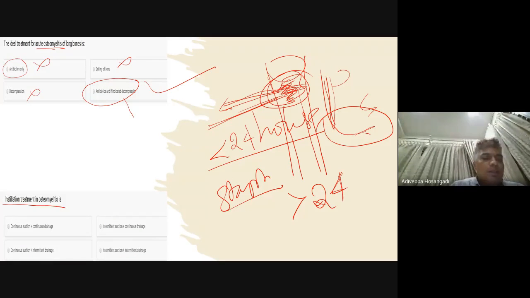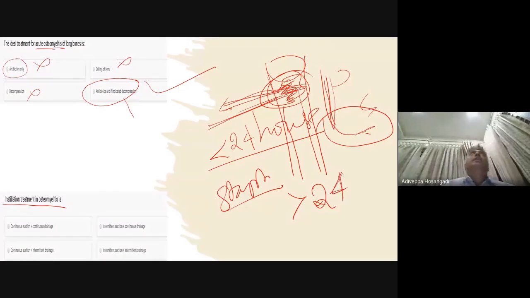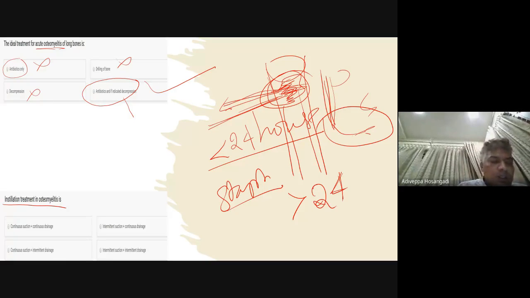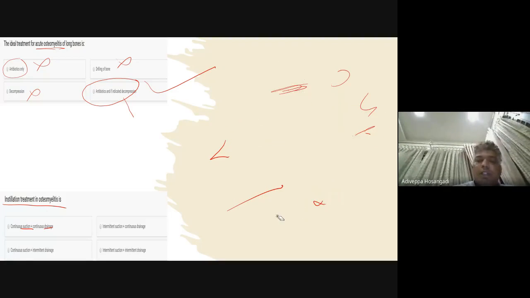Okay, instillation treatment in osteomyelitis is continuous irrigation, continuous suction. Just go through the options. I'll explain that for you in a minute.